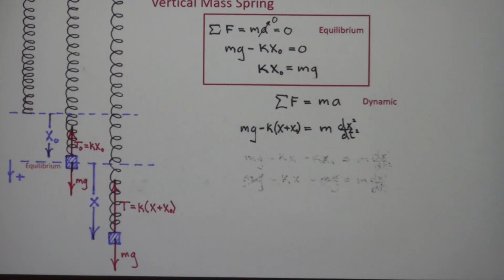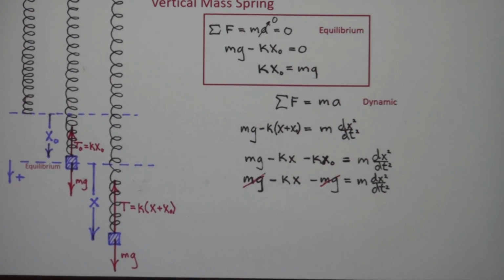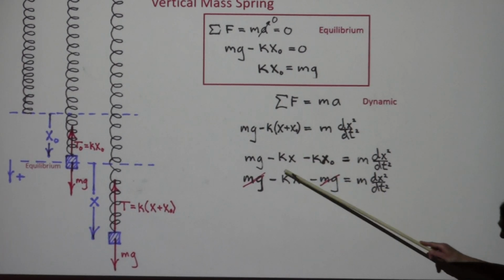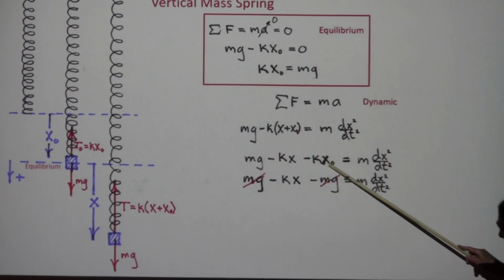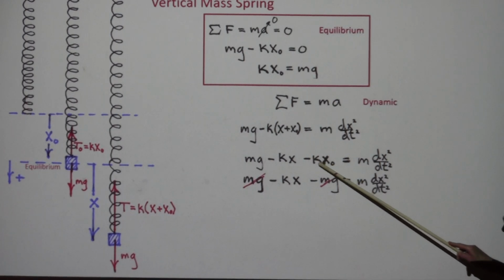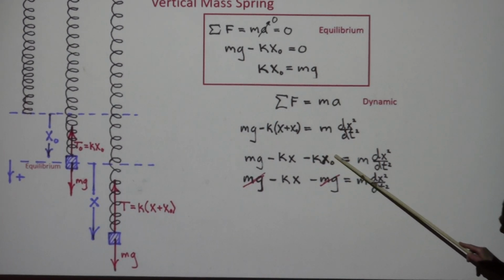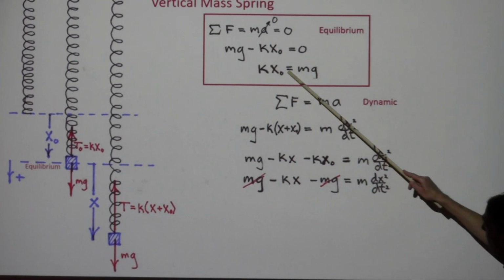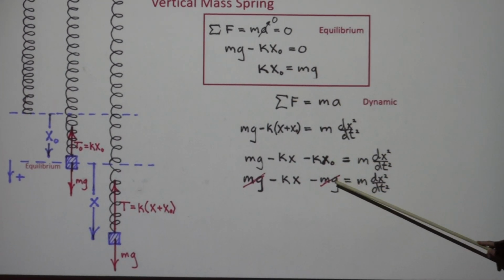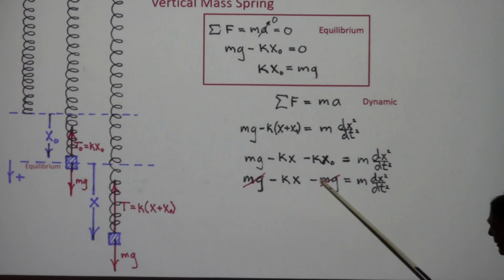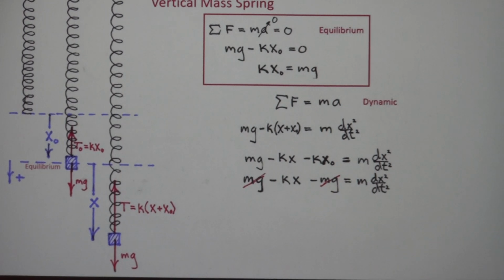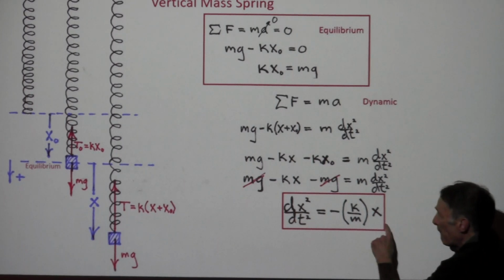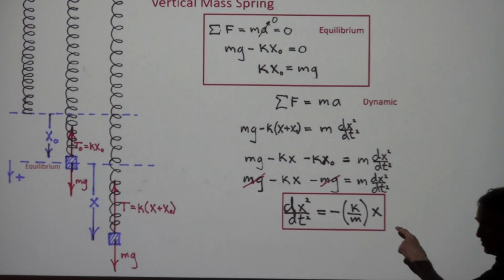What we can do with this is expand the k through, so we have two terms here. Then we get minus kx minus kx naught, which is going to be equal to mg. So when I put that in there, these two are going to cancel. And we end up with really the same form for the differential equation.